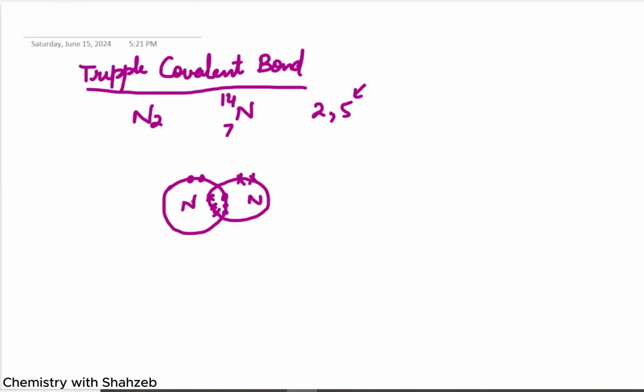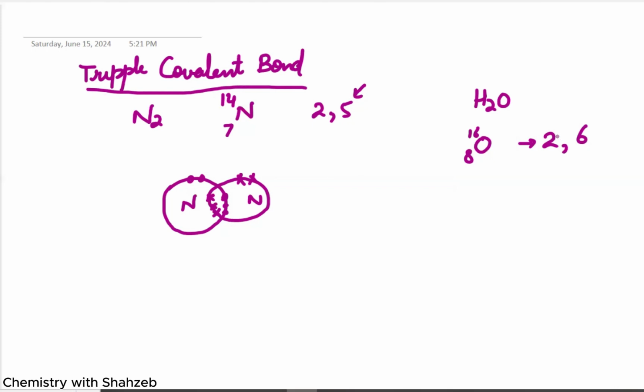Now let's move further and take some more examples, like water. In water, what happens? Oxygen, we know it's O, 8, 16, so oxygen has 6 electrons in its outermost shell.